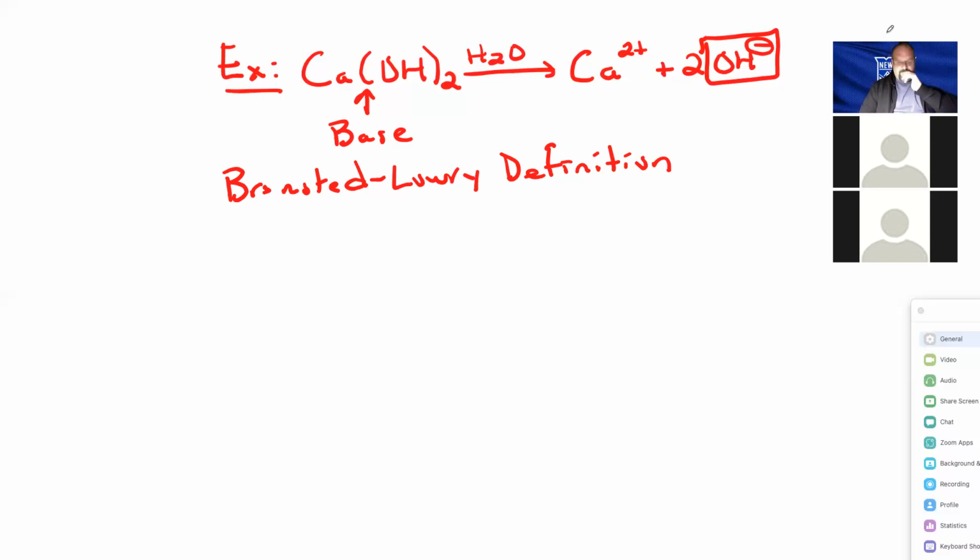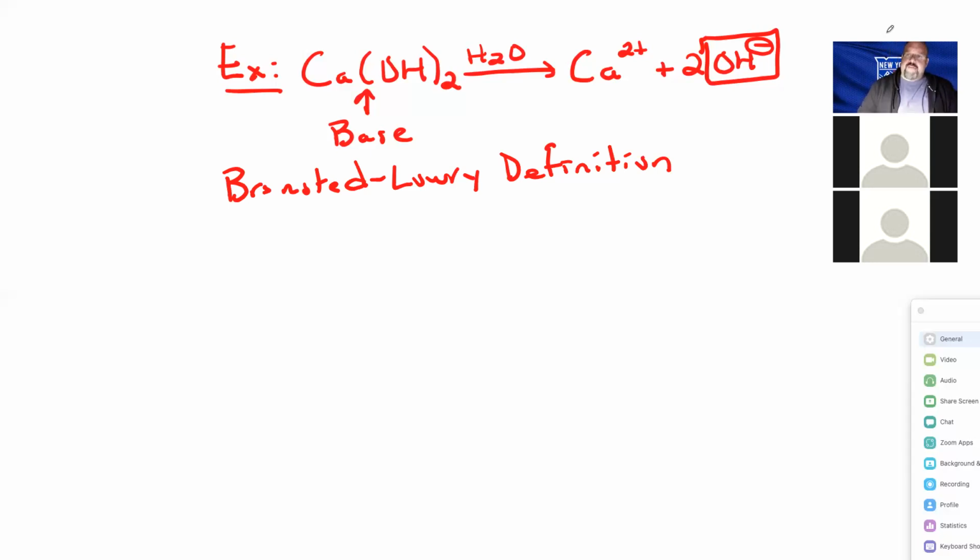The other key concept is that when you look at the Bronsted-Lowry definition, you're usually looking at chemical equations that have 2 reactants. One of them behaving as an acid, the other one behaving as a base. And if you looked at the notes, and we'll talk about this a little bit as well, if you have a reversible reaction with the double arrow, the products could be behaving as acids and bases as well.